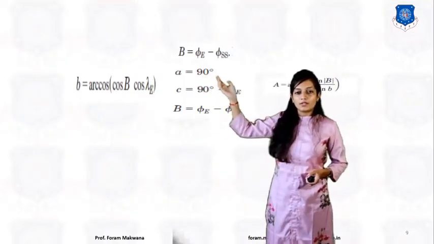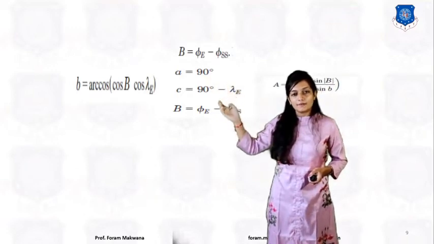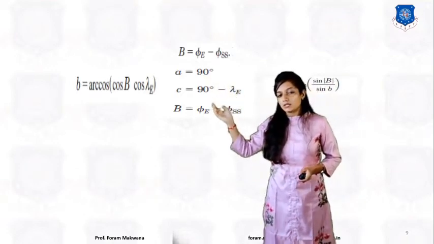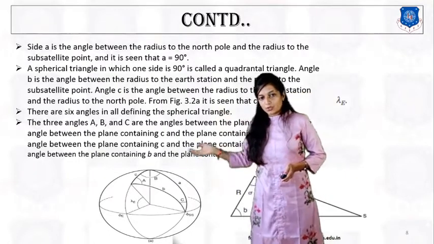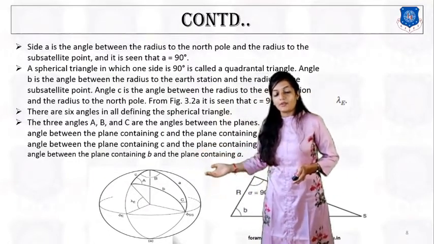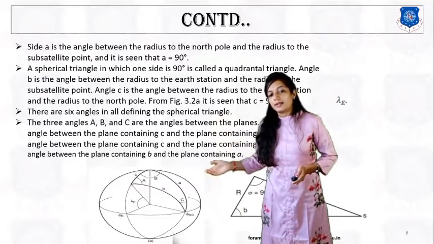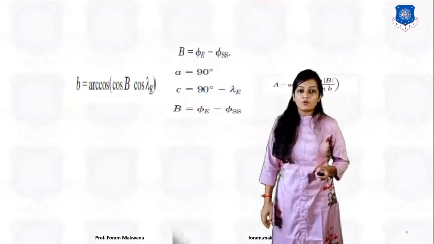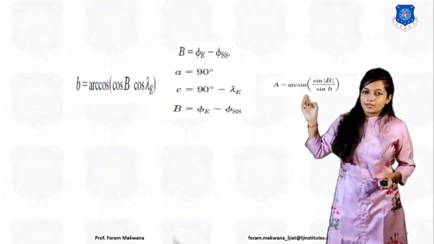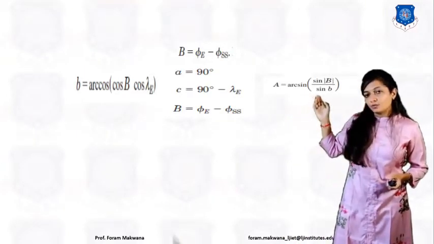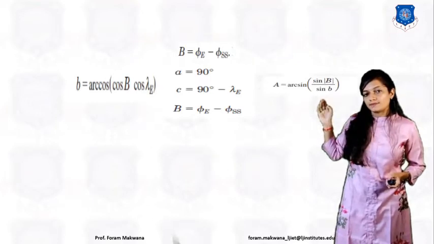Small a that we have already considered, it is 90 degree. Small c is equal to 90 minus lambda e. How does it come? Total angle is 90 degree, and if I subtract lambda e, then we are able to calculate the value of small c. For capital A, it is sine inverse of sine mod b upon sine small b.